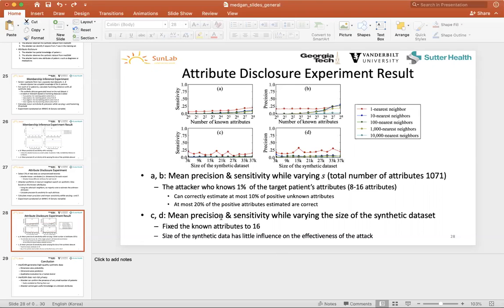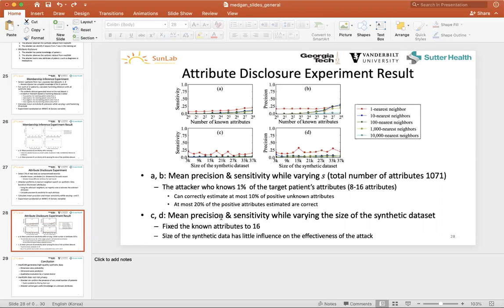Realistically speaking, if you know only 1% or 5% or 10%, even 20%, there's a very, very low chance of filling in the gap by looking at the synthetic data set generated from MedGAN.